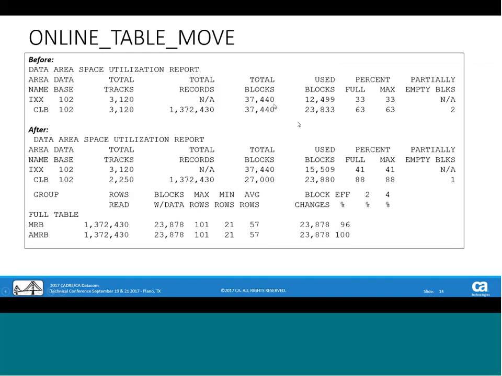See here in the report, I've actually used this to downsize the table from 37,000 blocks to 27,000 blocks. So I've gone from 63% full to 88% full. I did a bit of a downsize. And once again, we come out of the process with the table in 100% efficiency as far as read next processing. Achieved our online reorganization, which was the idea of it.